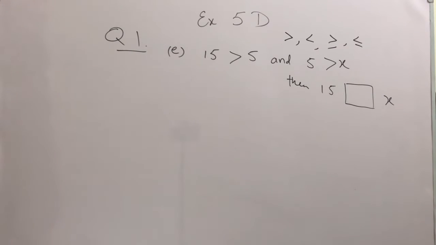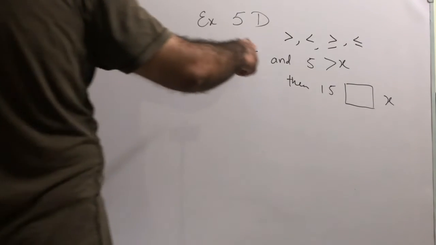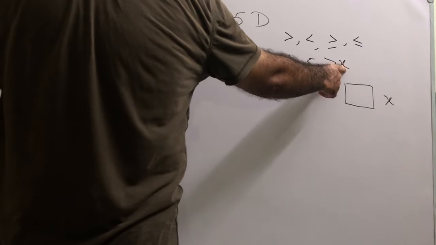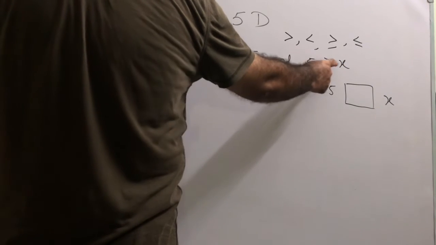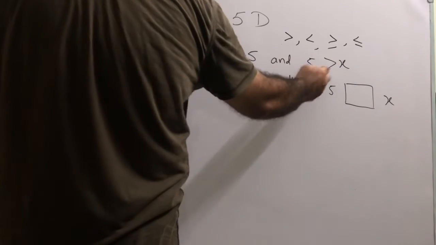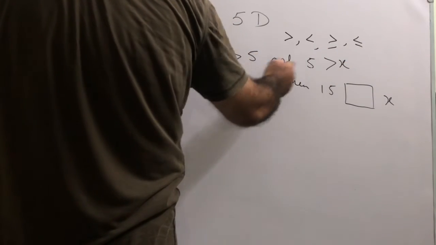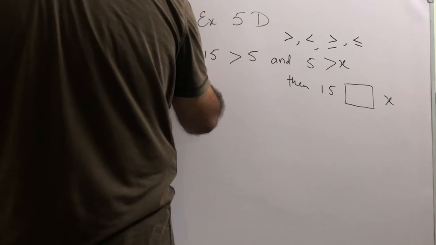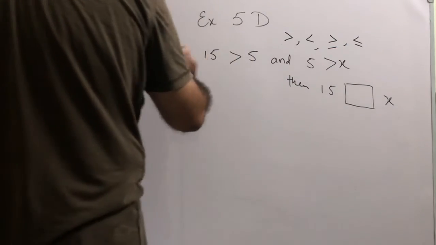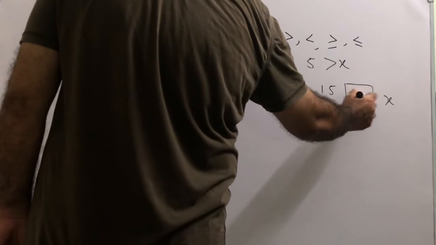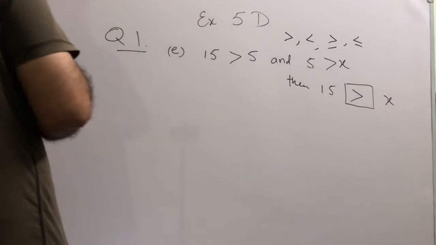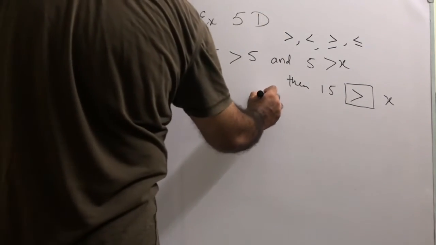Here we see that, let's suppose x is less than 5, x is smaller than 5, maybe 2 or 3. So if 5 is less than 15, then this x will also be less than 15. So we'll put x is less than 15. Hope you got this concept. I will repeat.